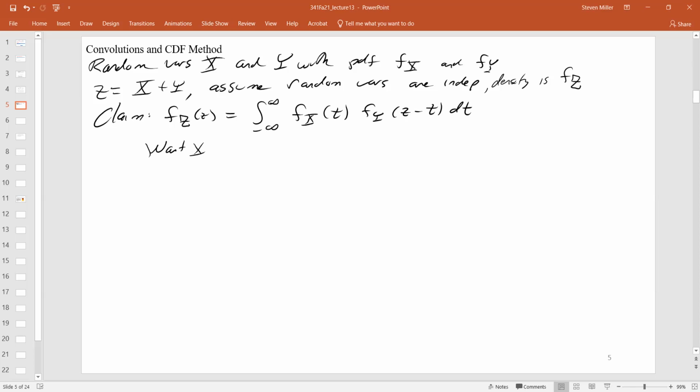We want x plus y to equal little z. If x equals t, we need y to equal z minus t, and we integrate over all x. So this is a really nice, quick, 10-second justification of the convolution.